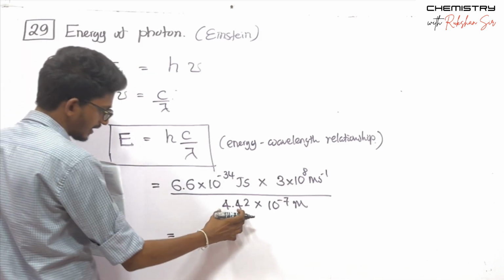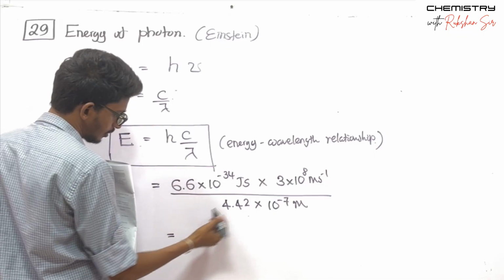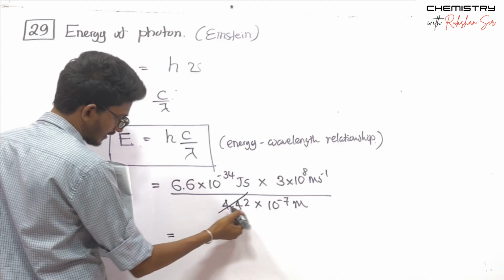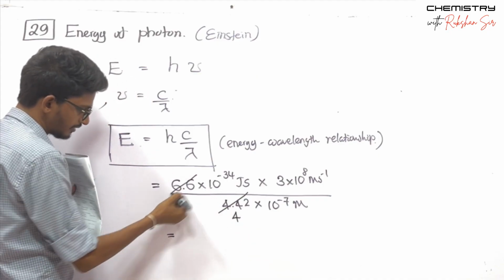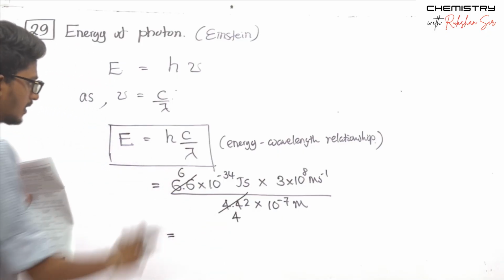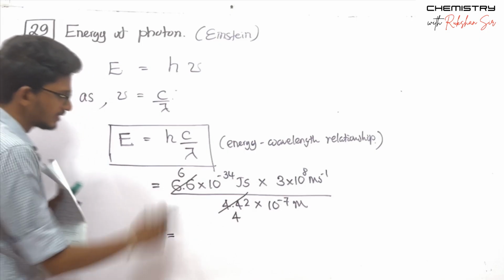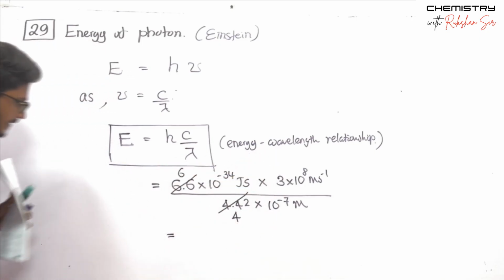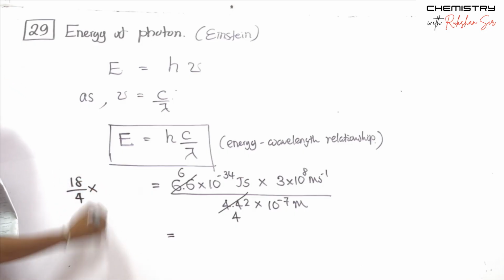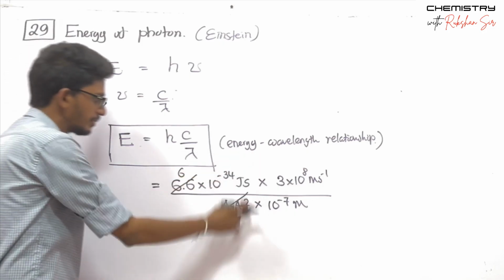So this can be taken as 4.4. This is 6.6, so you are dividing by 1.1. So 4 of the 1.1s are there in 4.4, and 6 of those is 6.6, right? So 6 into 3 is 18, divided by 4.